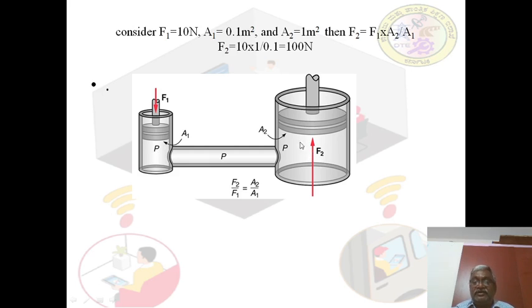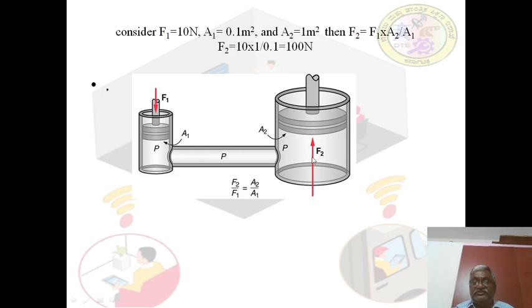Now that 100 Newton per meter square pressure is applied on this larger piston. This larger piston has an area of 1 meter square. So the pressure is 100 Newton per meter square and the area is 1 meter square.